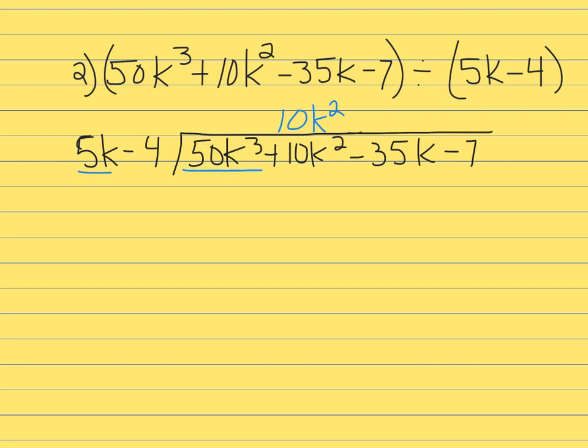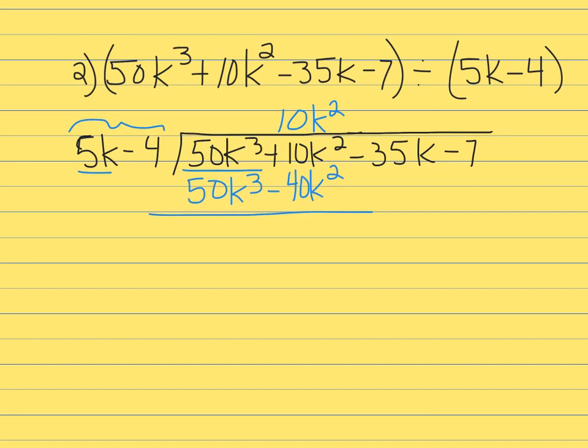So now I'm going to multiply the 10k squared times the whole binomial. 10 times 5 is 50. K squared times k is k to the third. Got the same thing. And then negative 4 times 10k squared is a negative 40k squared.